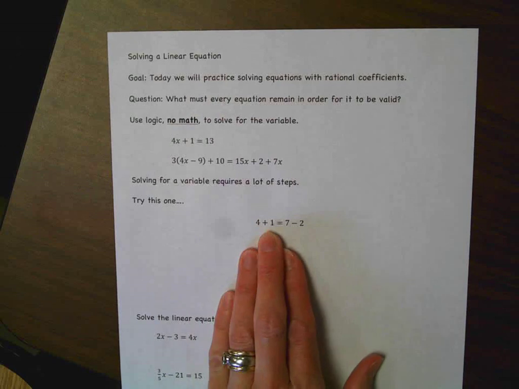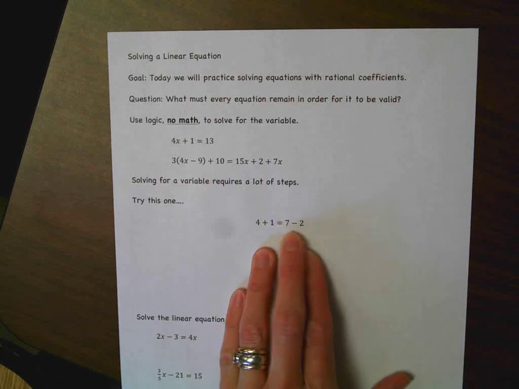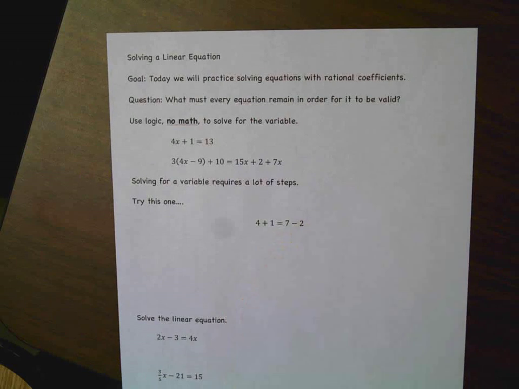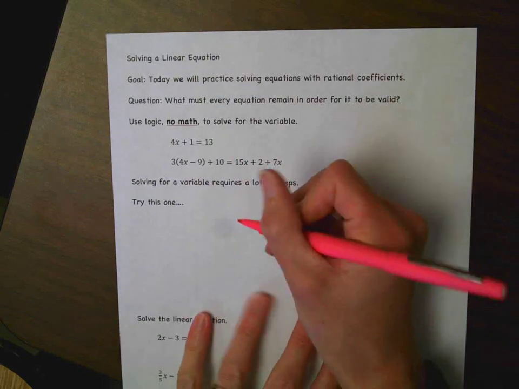Let's take a look at this. It says 4 plus 1 is equal to 7 minus 2. How many of you think that's a true statement? If you are shaking your head, yes, duh, Mrs. Nelson, 5 equals 5. Well then, let's see what happens if we add 3 to both sides, to each expression. What happens if you add 3 to both sides?